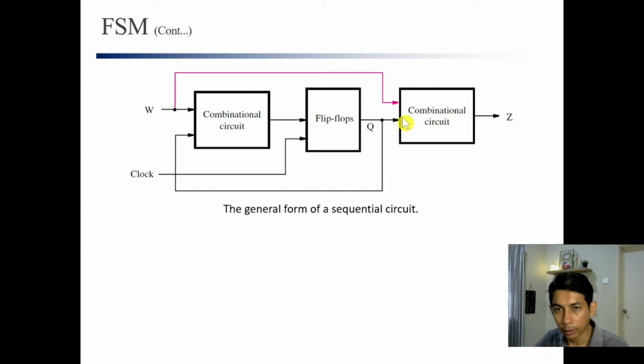The Z here does not only depend on the present state of the finite state machine, but also depends on the input, meaning that the output Z is immediately available when the input changes. So the output for a Mealy state machine will be available faster as compared to the Moore state machine, by one clock cycle actually, right?